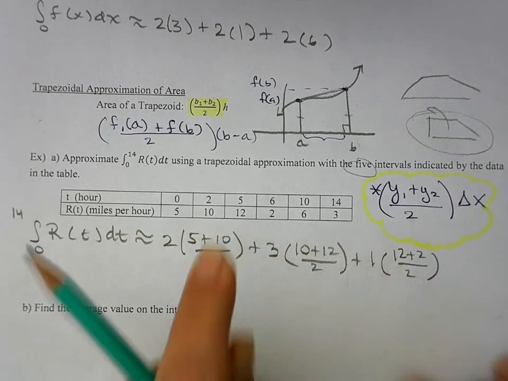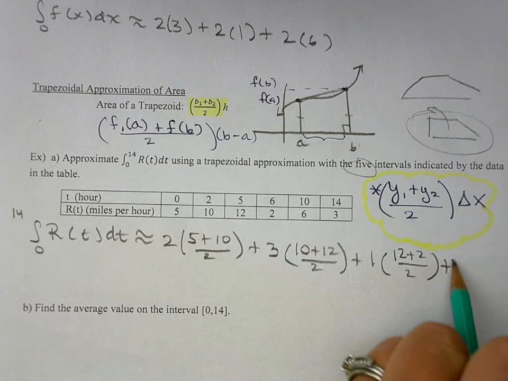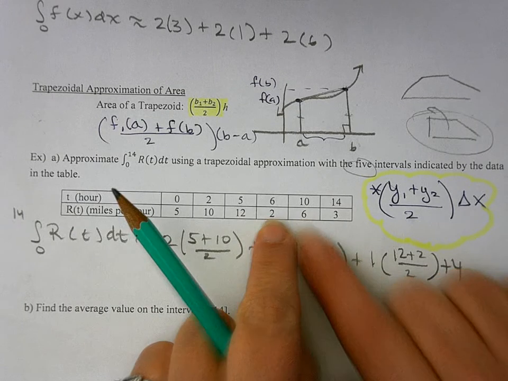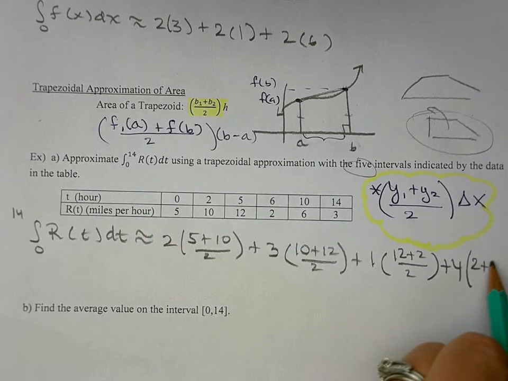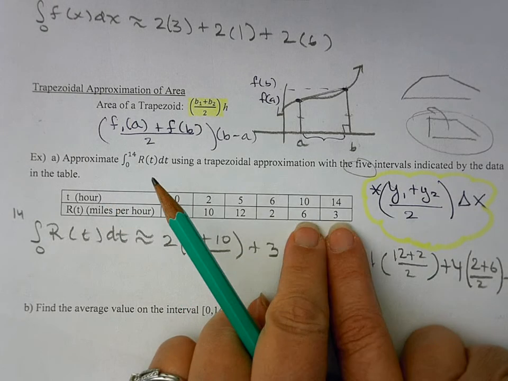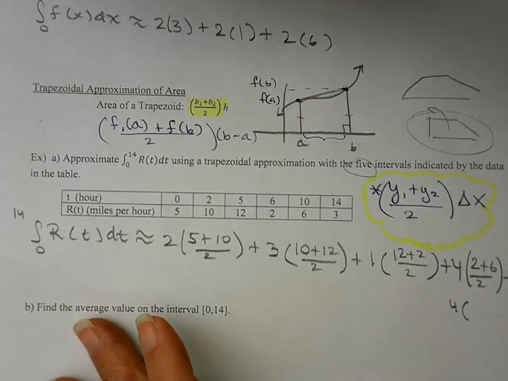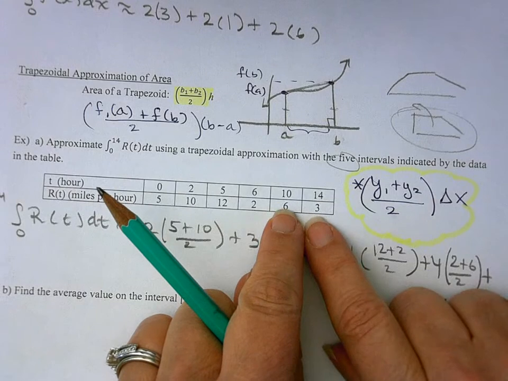Now the next set, from 6 to 10, that's a distance of 4, and I average the y values. Our last section, from 10 to 14, is a distance of 4. I'm going to do that below, and I average the y values.